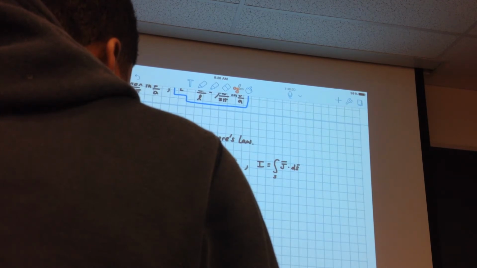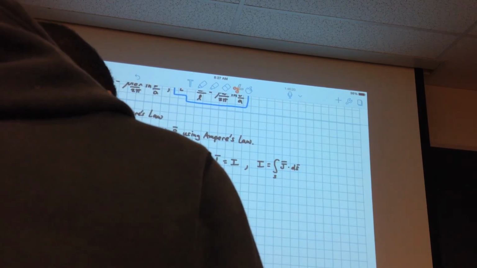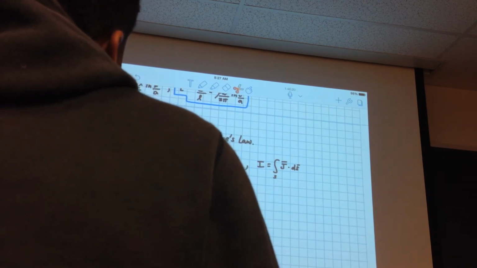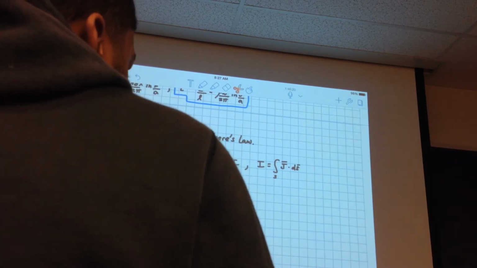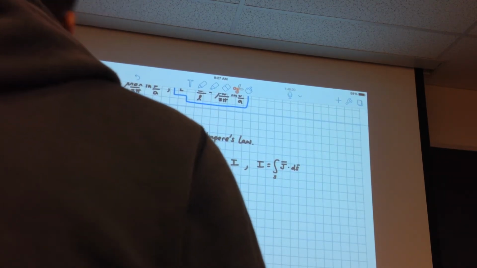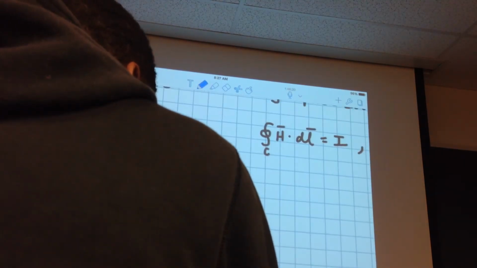So somebody, what would be a good choice for an Amperian contour for this problem? That's the correct idea, but we're thinking about a contour now. Circle. Okay. So, a good choice for an Amperian contour is a circle.